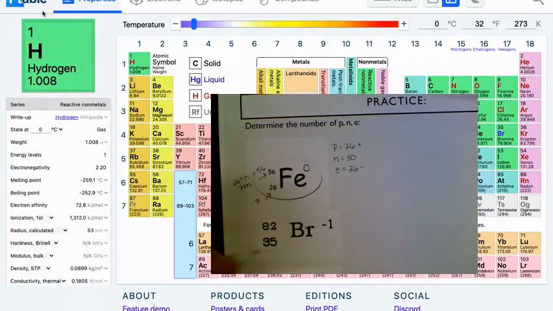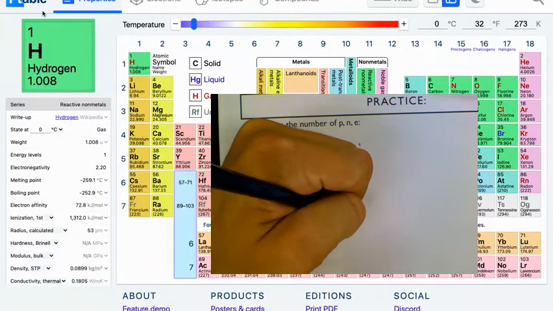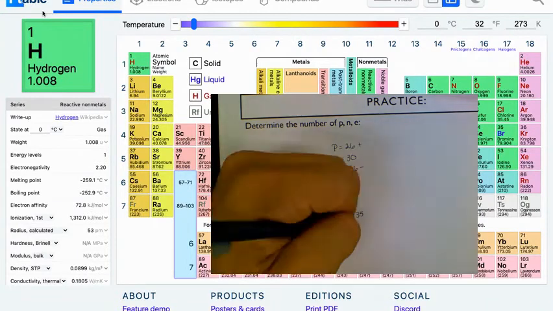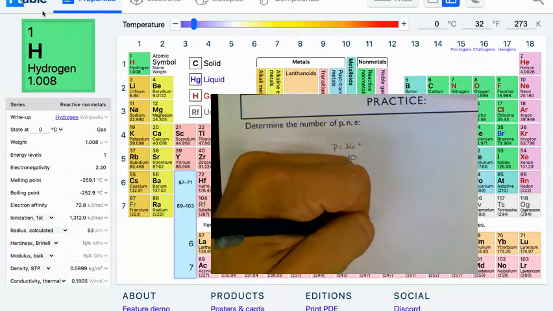Okay, so for bromine, your protons, you should have said you had 35, because once again, my atomic number tells me my protons. To find my neutrons, I have to subtract 35 from the mass number, which is going to be 47.